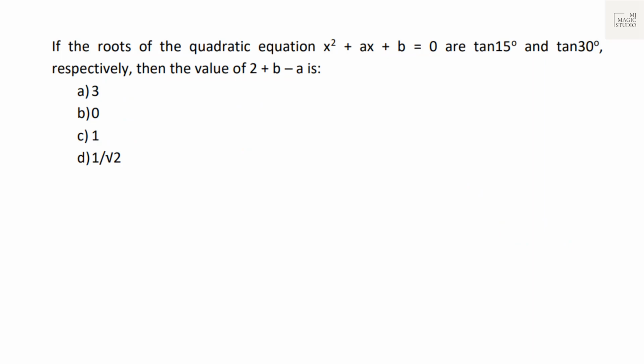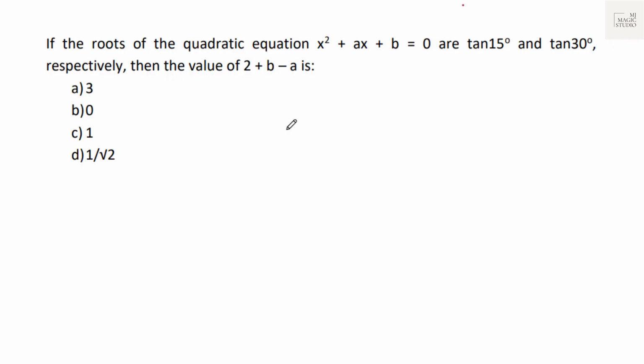As I usually say, a classical take on quadratic equations, give it a try. Okay, let's see what we have with the quadratic equation. If a quadratic equation is of the form ax square plus bx plus c equals 0, that's the general format. Suppose alpha and beta are the two roots; the sum of roots is given by minus b by a, and the product of roots is given by c by a.